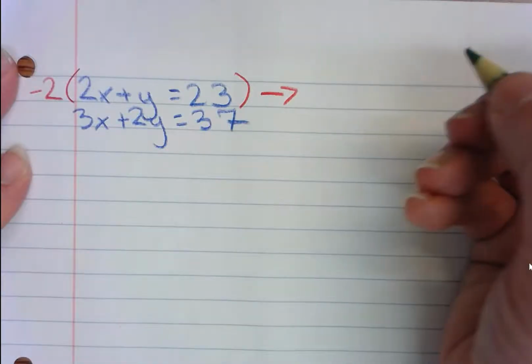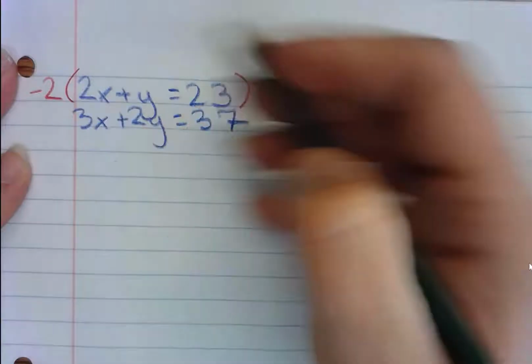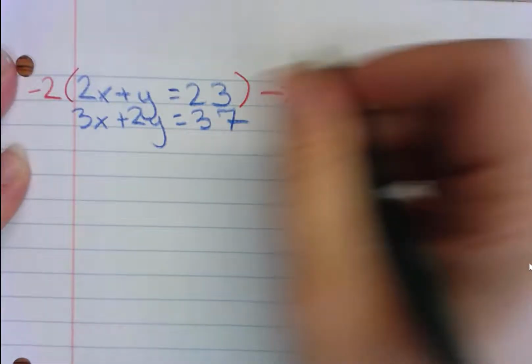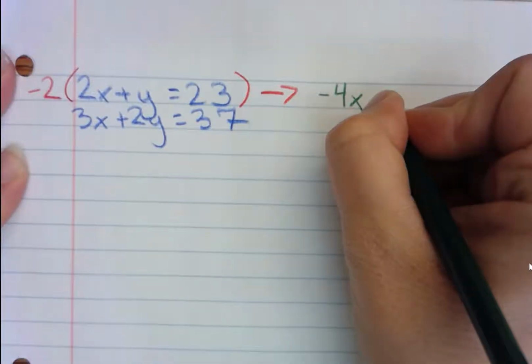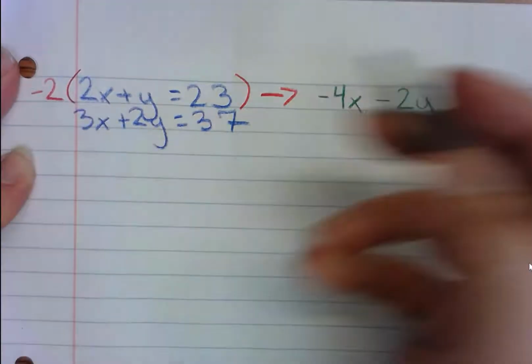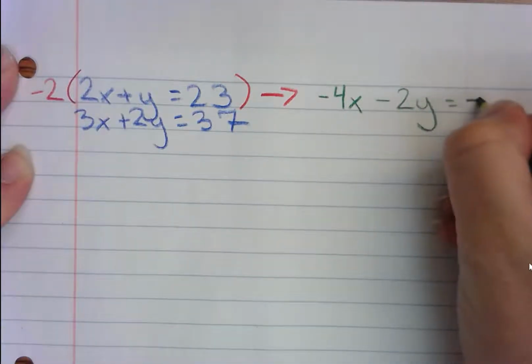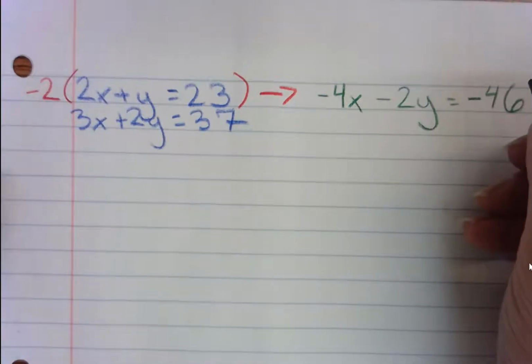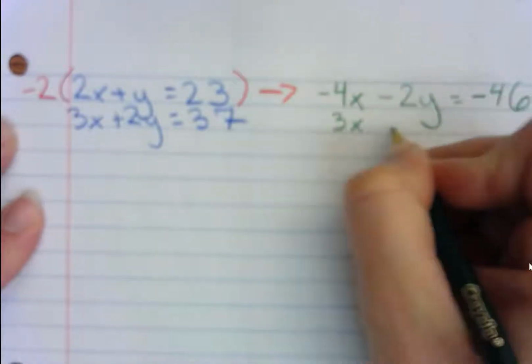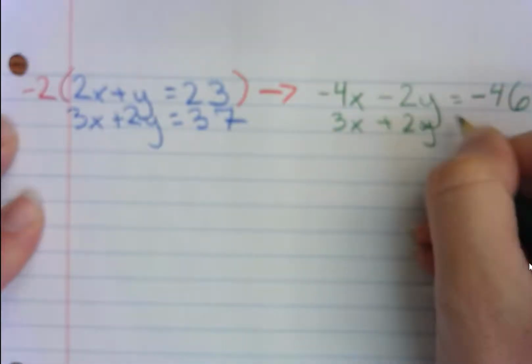-2 times 2 gives us -4x, -2 times y is -2y, and -2 times 23 is going to equal -46. Our second equation we are going to write the same way: 3x plus 2y equals 37.